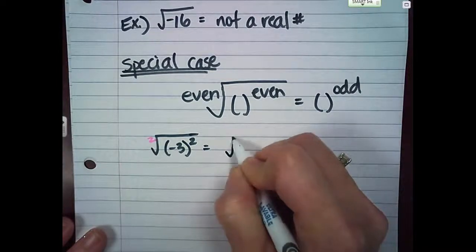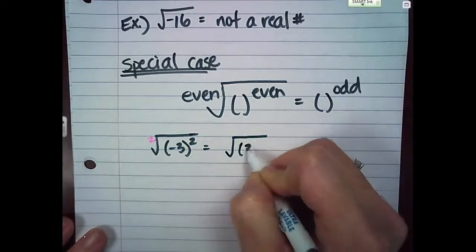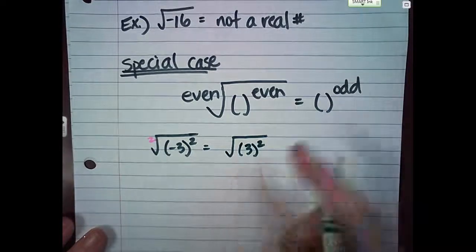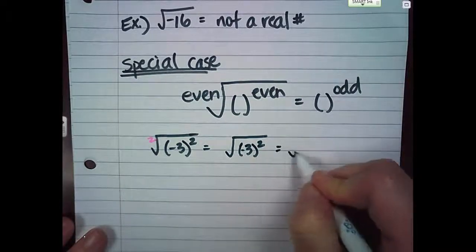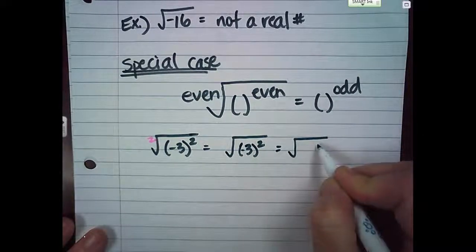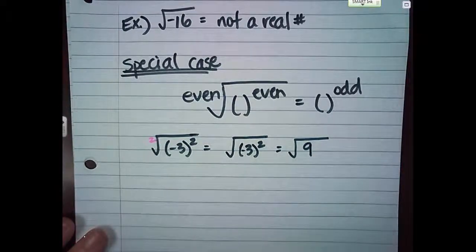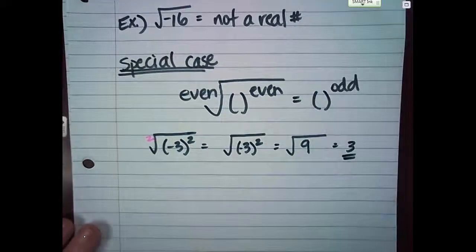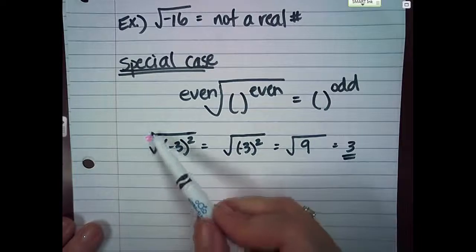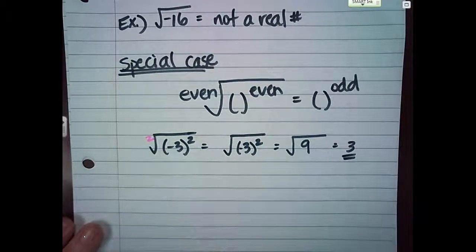If I asked you to do this problem and I told you to take care of what's inside of the radical first, what would you write first? You would say that this is the same thing as the square root of what? 9, right? What's the answer? 3. Okay? Do y'all see what I mean? It's very tricky because instinctively we just want to say, oh, those cancel, and the answer is negative 3, right?